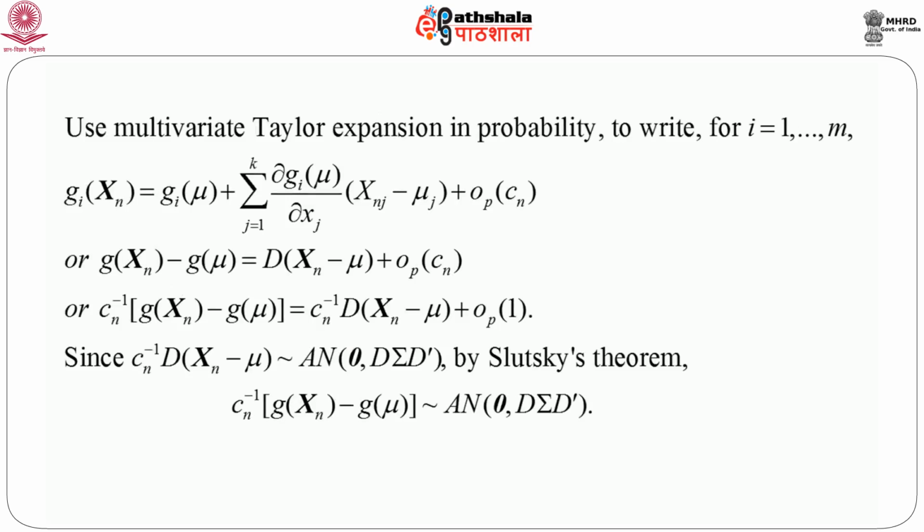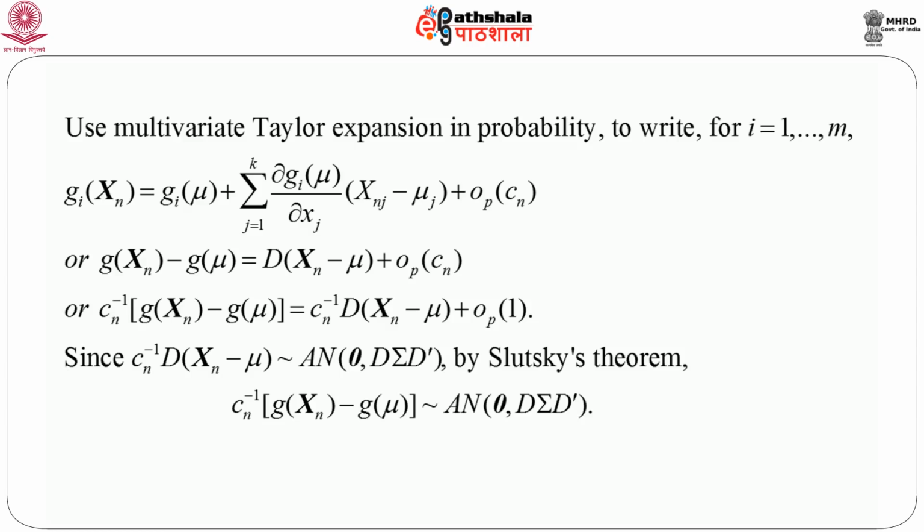Now, use multivariate Taylor expansion in probability. For i equals to 1 to m, we can write gi(Xn) equals to gi(mu) plus summation j equals to 1 to k del del xj of gi(mu) into (Xnj minus mu j) plus small o p of Cn. That means we are applying this multivariate Taylor expansion in probability to each component of the g function, and in this case we have an m-component g function.